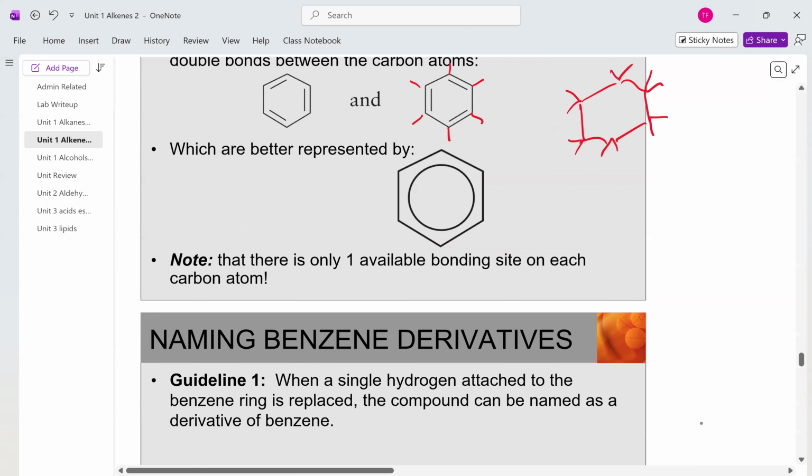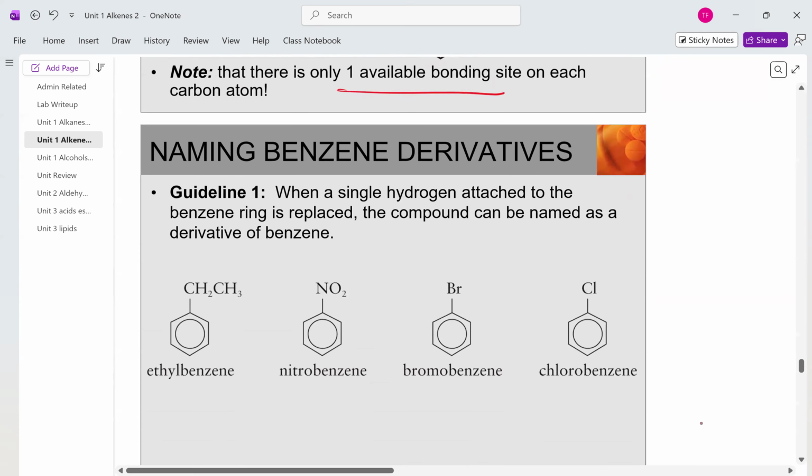That's what they're talking about here. Okay, so to name benzene, there's a lot of different ways we're going to be looking at benzene. So the branch will determine the name.